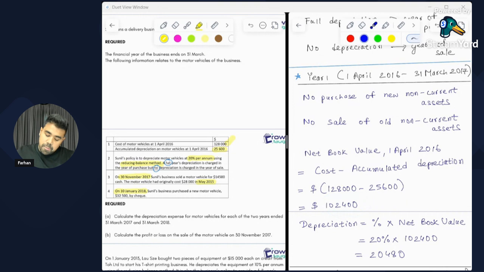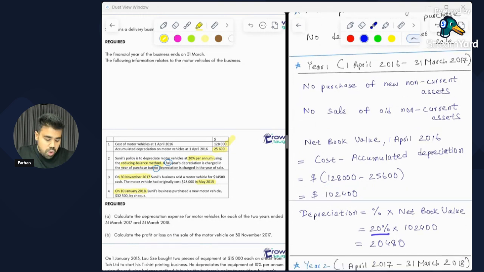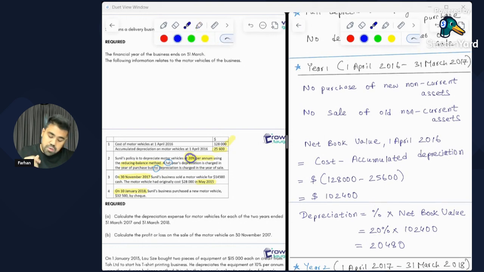So we are using the 20% that's given to us in the question, as you can see here. Sunil's policy is to depreciate 20% per annum using the reducing balance method. So we apply this 20% on the net book value we have at the beginning of the year on 1 April 2016. And when we multiply 20% with $102,400, the depreciation in year 1 is $20,480, all right?